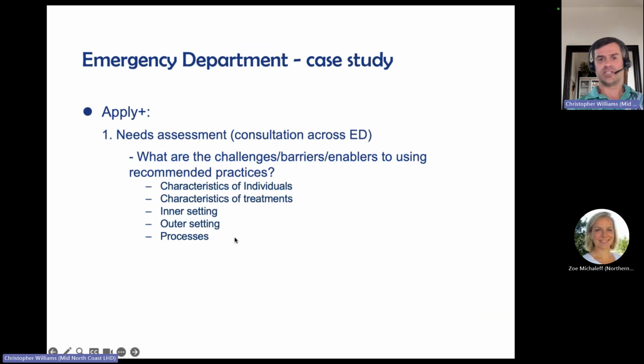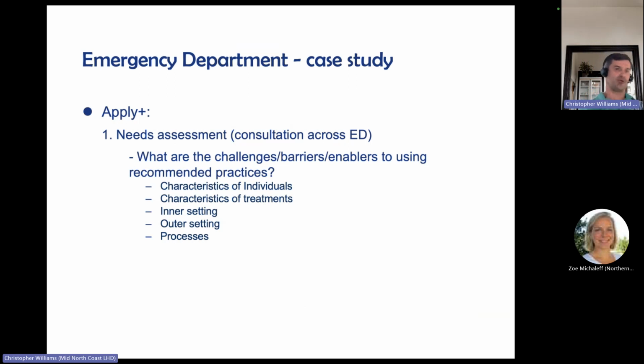And then we're also interested in some of the settings determinants. So what are the influences within the ED that cause a clinician or a patient to want a certain type of treatment? But also the outside influences. So, for example, access to general practice or general practitioners or primary care, driving high presentation rates to the ED.